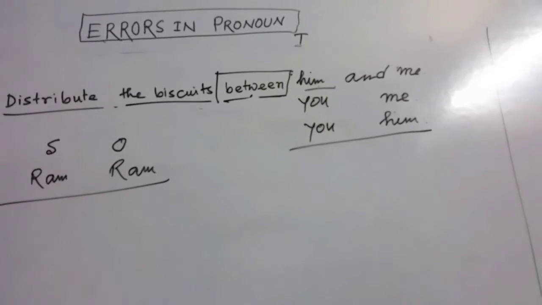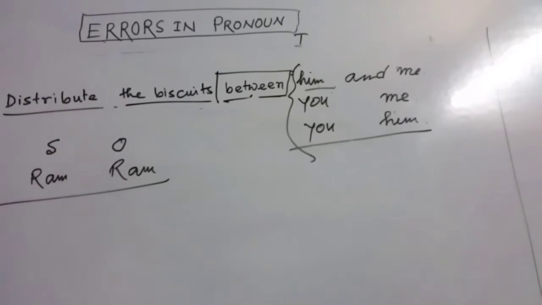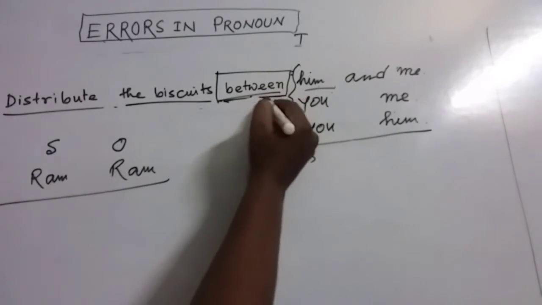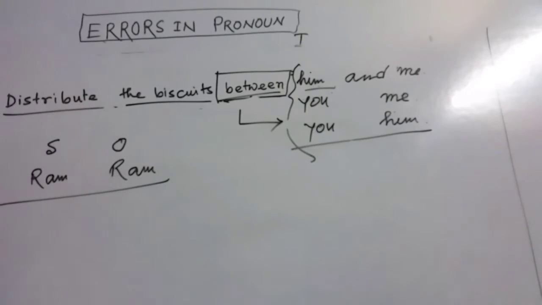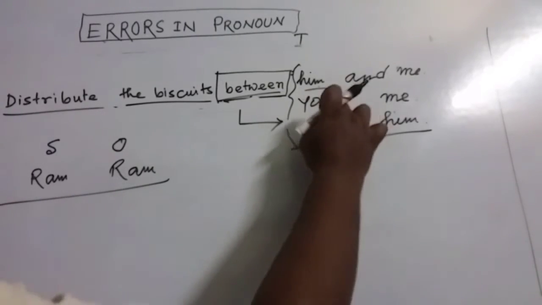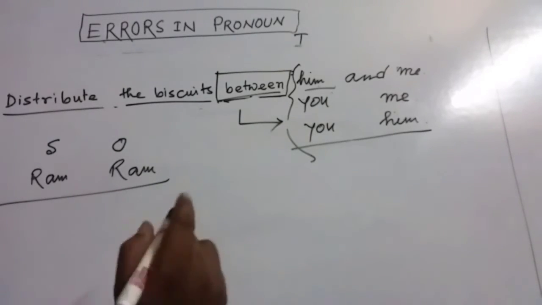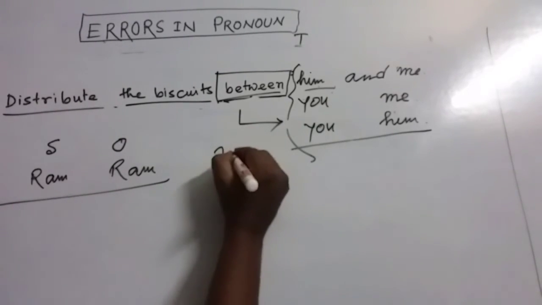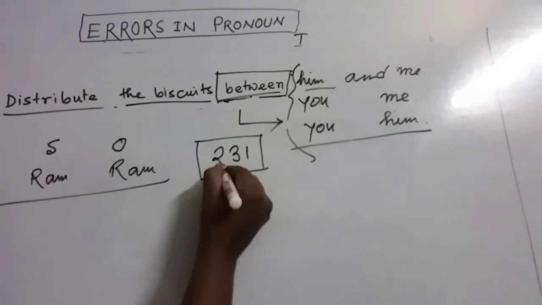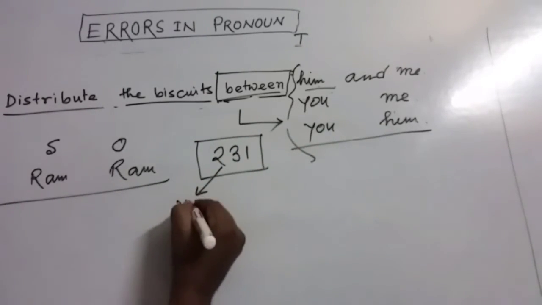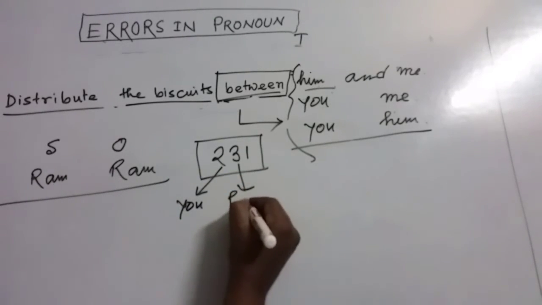My dear friends, here one thing I should mention. As we have written between, obviously there will be at least two nouns or pronouns. If there are nouns, there is no such problem. If there are pronouns, at that time we have to follow this rule. 2-3-1. 2 means the second person, that is you. 3 means the third person, that is he.